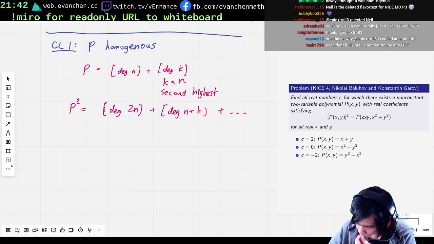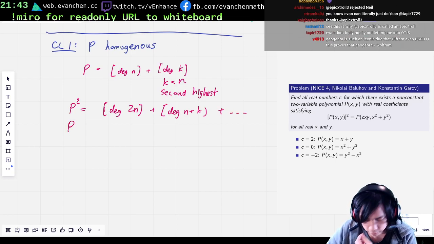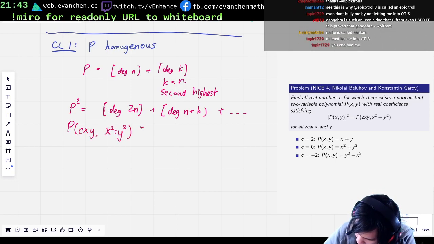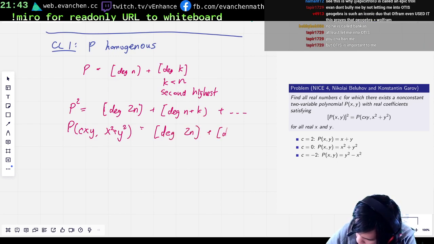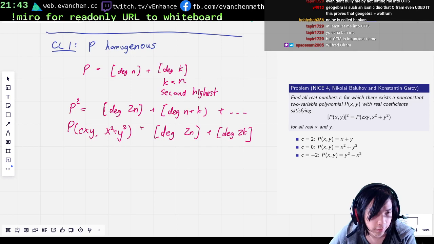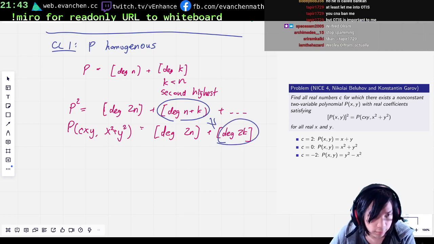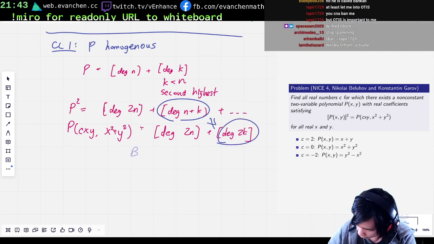But when I look at P of cxy squared plus y squared, the leading things are degree 2n and degree 2k. And this thing does not match this thing. So this is bad.